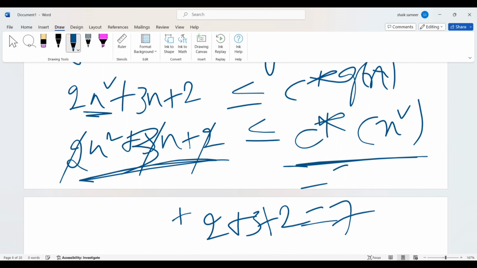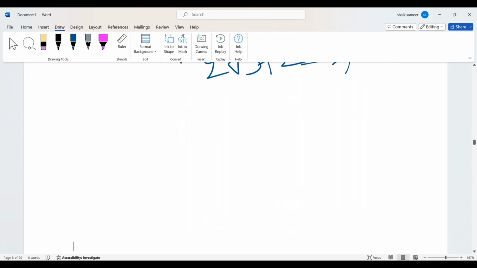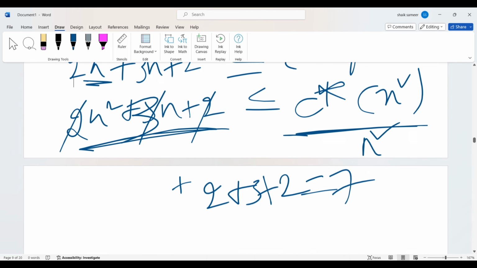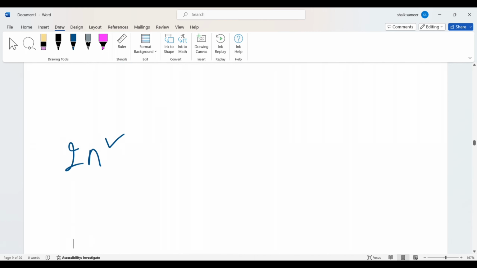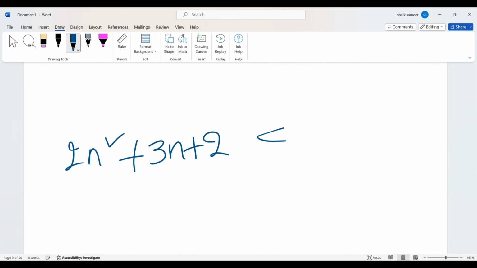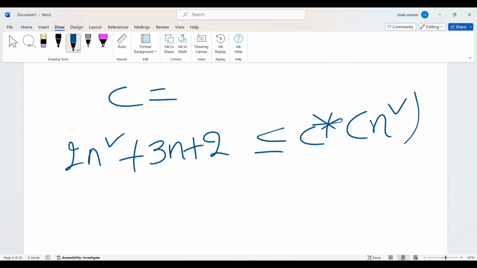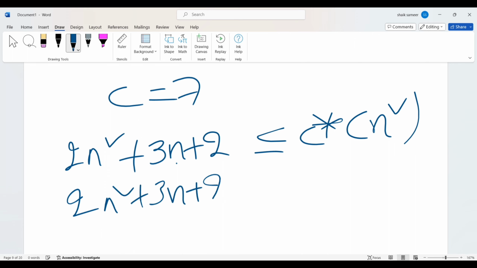So substitute c value equals 7 here. 2n square plus 3n plus 2 less than or equal to c into n square, so c value is 7, and it becomes 7n square.